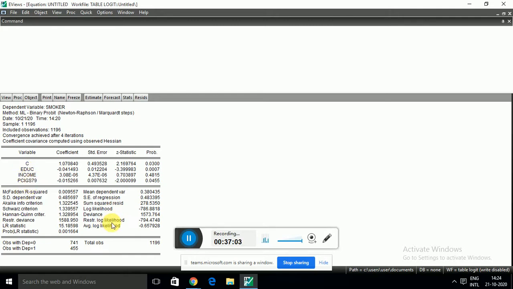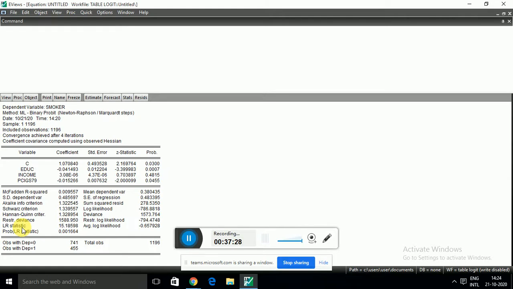What is the restricted log likelihood? It says that if all these variables are 0, meaning education is 0, income is 0, and price of cigarettes is 0, then what is the restricted log likelihood?